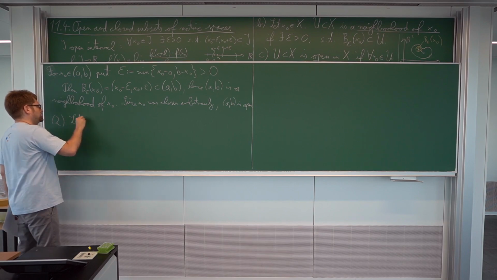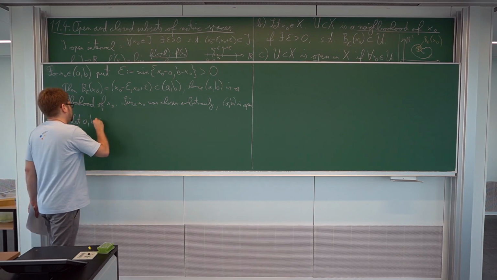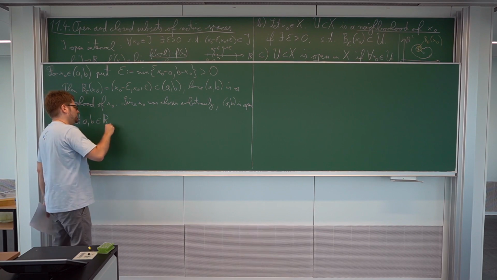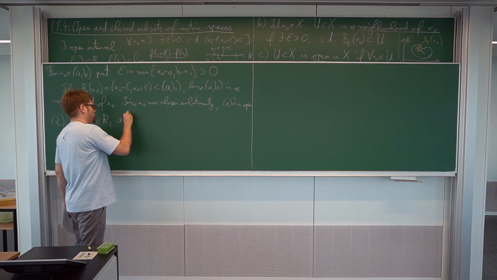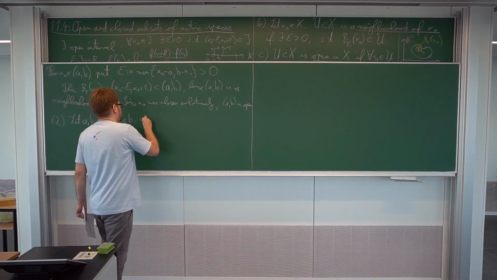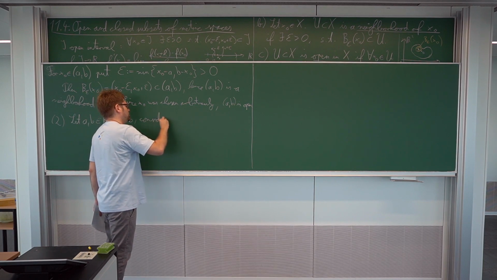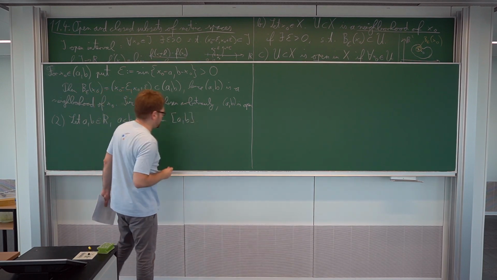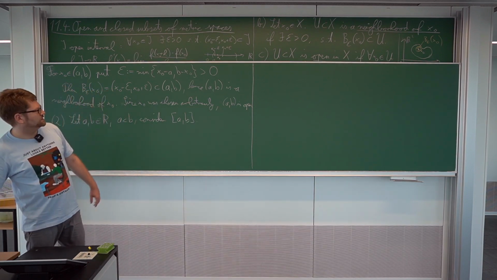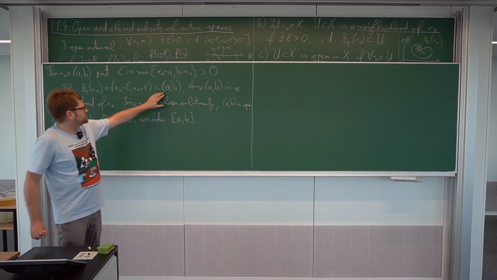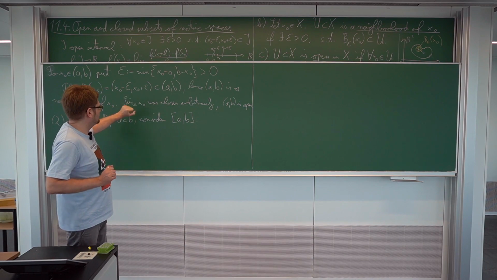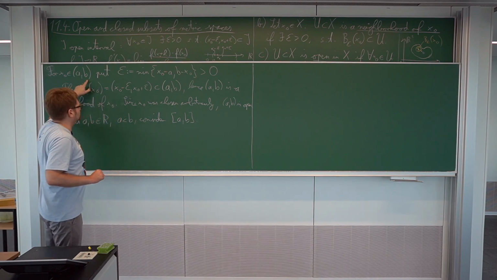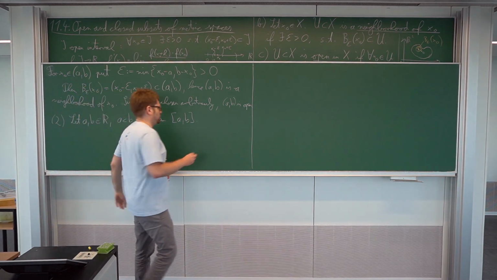This time we take a and b in R with a smaller than b, and we consider the closed and bounded interval [a,b]. Then we can use the same argument because we're staying inside the bigger interval. If we take some point in the open interval, this will be a neighborhood of every point.